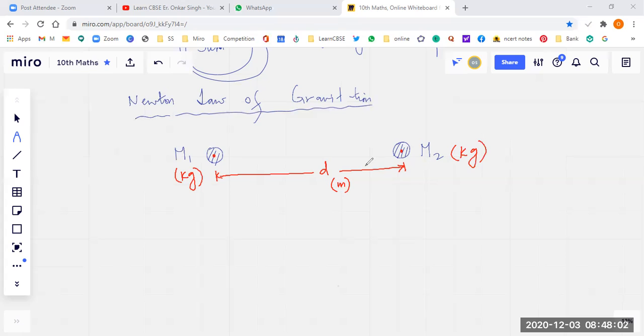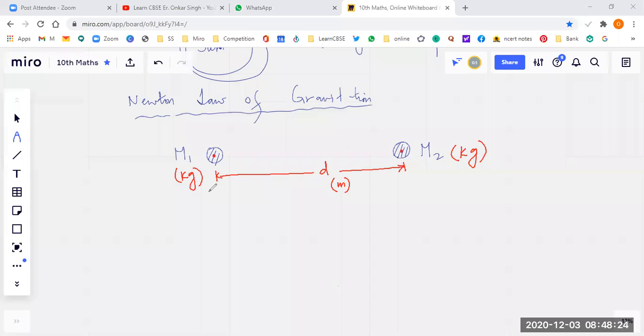Not only between Earth and Moon, not only between Sun and its planets, but even between the Sun and the infinite number of stars in the universe, between all the infinite stars and the Sun and the Earth, between all the galaxies.